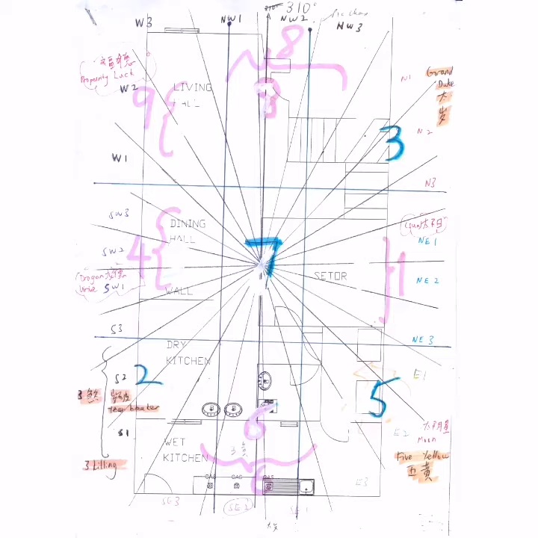Now you can refer back to the earlier 9 flying star chart, in which 6 is for what, 2 is for what, 9 is for what, and so on.